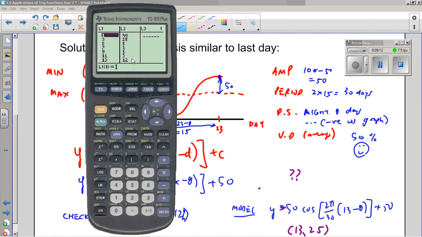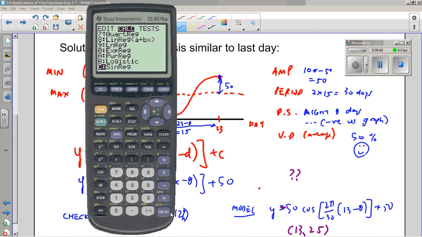And then I put all the data in there, and now I'm going to use the calculator to come up with a model. And how we do that is under the stat menu, and I'll write some of these steps on the notes later. Stat, and then I go over to calc, and I'm going to go down to not linear regression, not quartic regression, not these other regressions. There should be a trig regression.